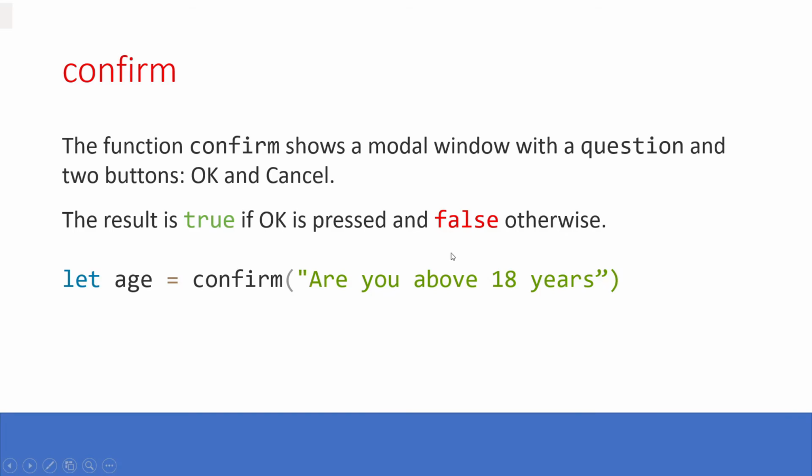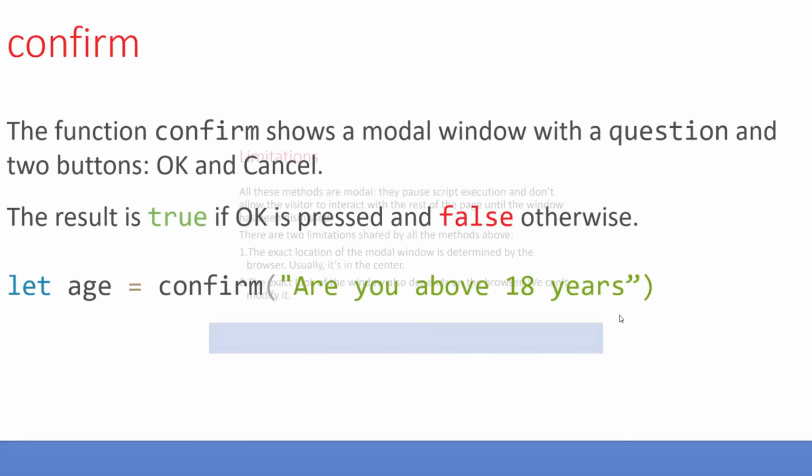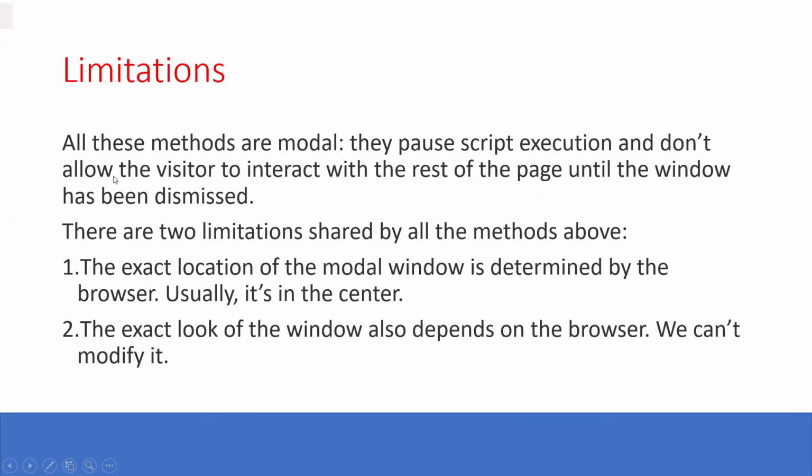So this is all about these browser functions. Now let's finally see what the limitations are. All these methods are modal. Modal means they pause script execution. Suppose you have a JavaScript file and there is a prompt on the fifth line. All the script below the fifth line won't be executed.